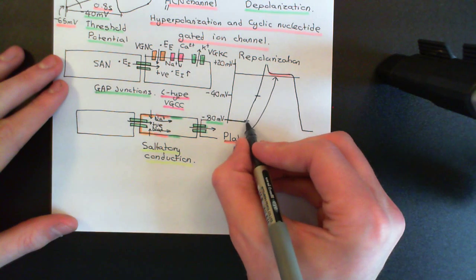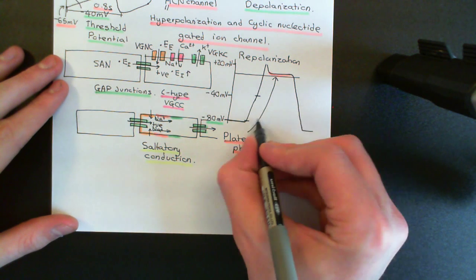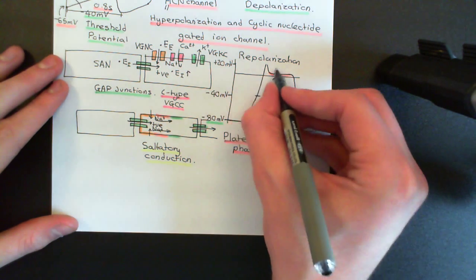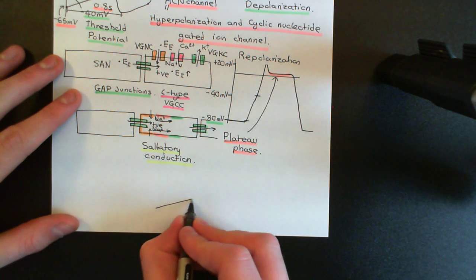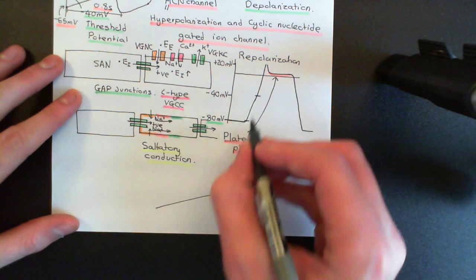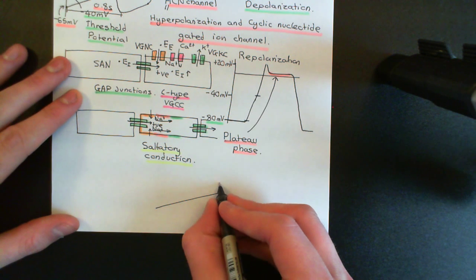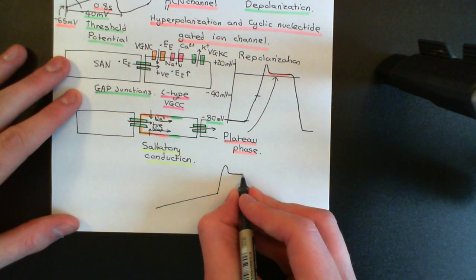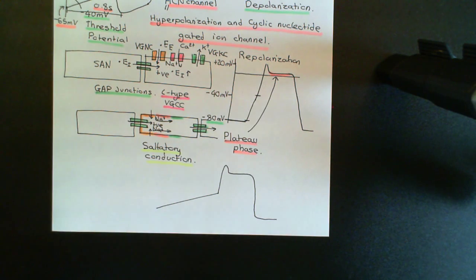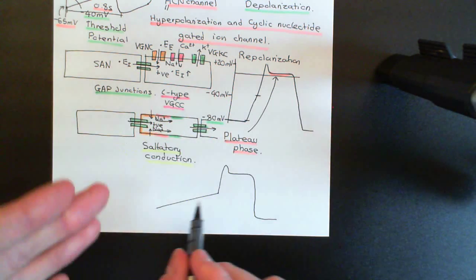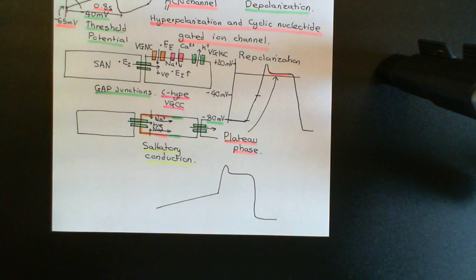So what you can imagine is having this really, really unsteep, like so. Okay, and then having the rest of it on the end. So you'd have something that looked like this maybe. So that would be the initial depolarization up to -40, and then it would look like this if you had them on their own. Okay, so they generate rhythmic action potentials on their own of this form, but that's not what usually happens.